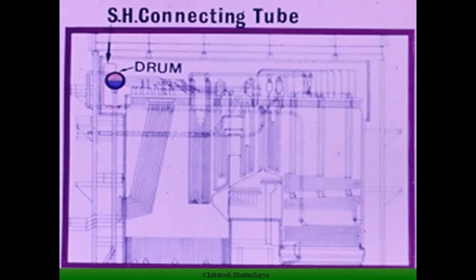But before entering the platen superheater, we have an arrangement called desuperheating, where we try to control the temperature of the steam at the inlet of the platen superheater so that subsequent superheating does not take place in such a way that there is overheating of the tubes and the superheater temperature goes high and the final superheat temperature goes beyond the limit.